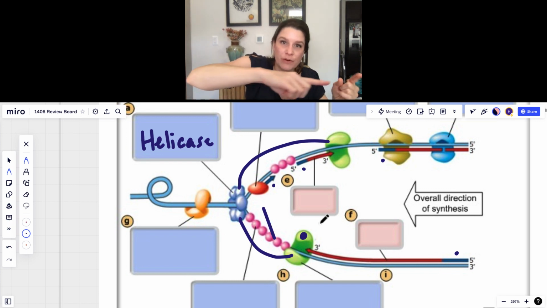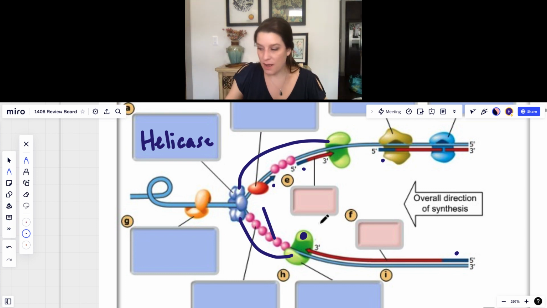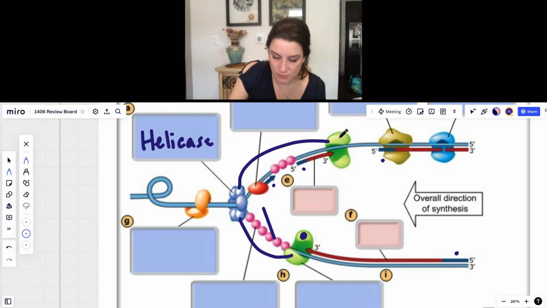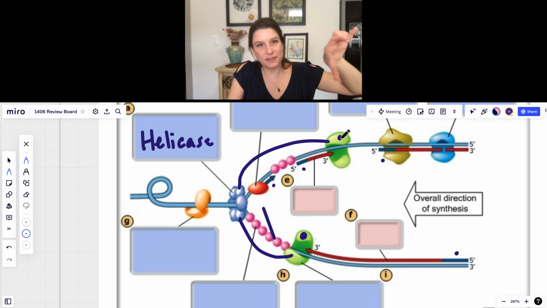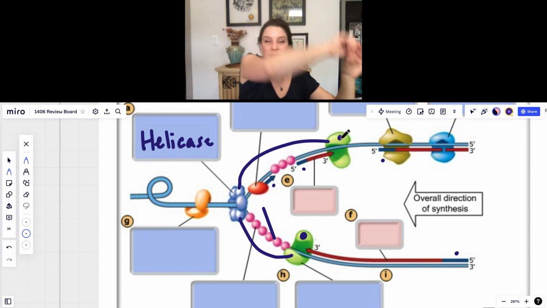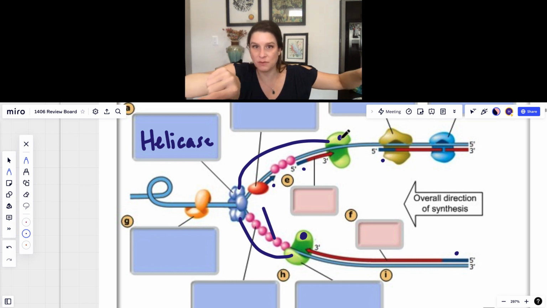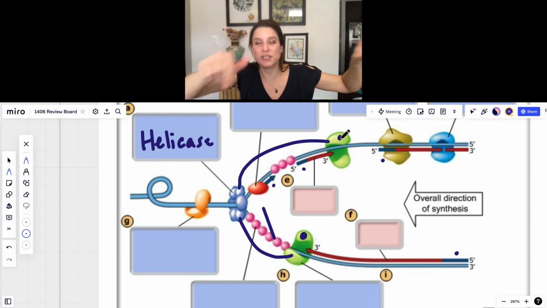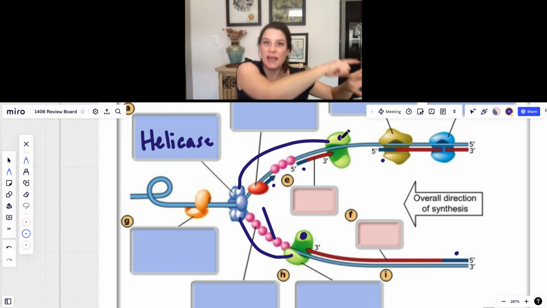It's just growing, growing, growing. The helix will open, and it'll grow, grow, grow. The problem is this DNA polymerase on the top, because as we see, it's going to the right. So if it's attached to the helicase that is opening, it's going the opposite way. So it only builds a little bit until it's reloaded back at the fork, and then it builds a little bit more until it hits the one it just built. Then it gets loaded back and goes until it hits the one it just built.